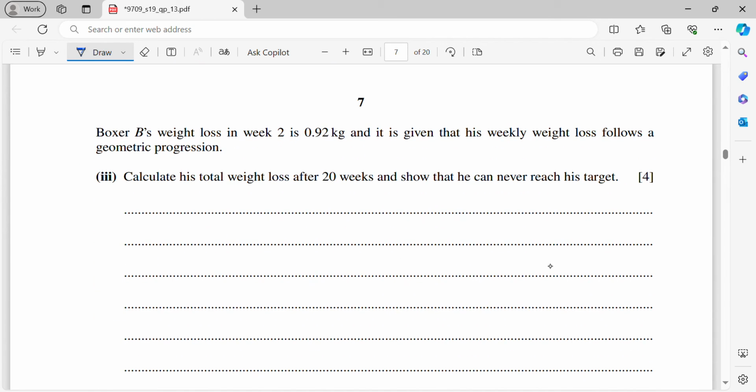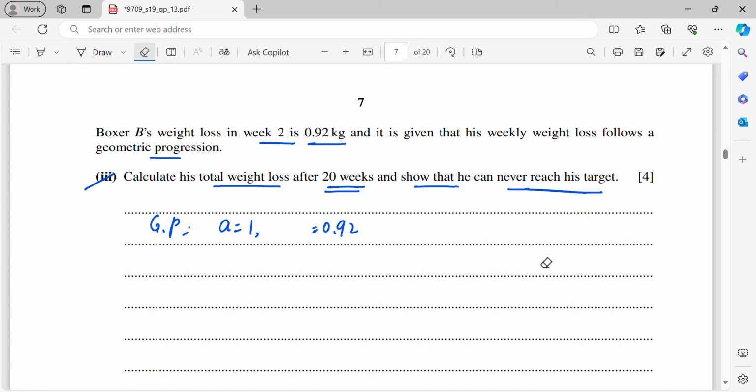Now, boxer B's weight loss in week 2 is 0.92 kilograms and it is given that his weekly weight loss follows a geometric progression. Third part, calculate his total weight loss after 20 weeks and show that he never reached his target. Alright, so now, since this is a geometric progression, the first term is still 1, the second term is 0.92.